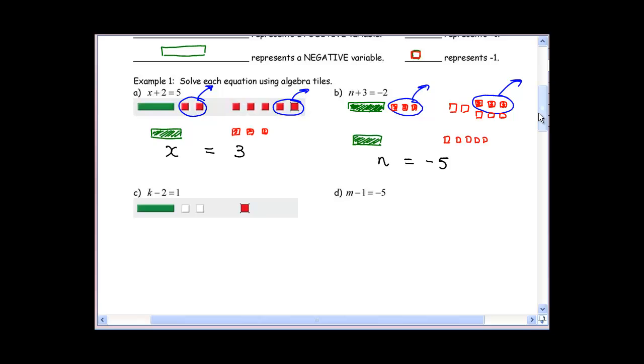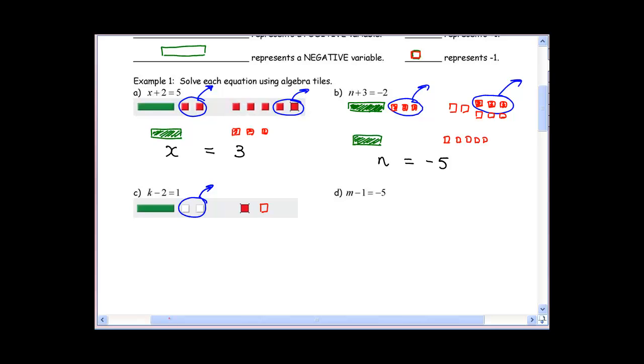C is k minus 2 equals 1. I've got my long rod that represents my positive variable, k. Minus 2 is the 2 open squares, or white squares, and that equals 1. So once again, I want to remove 2 white squares. I don't have any. So guess what I'm going to have to do?